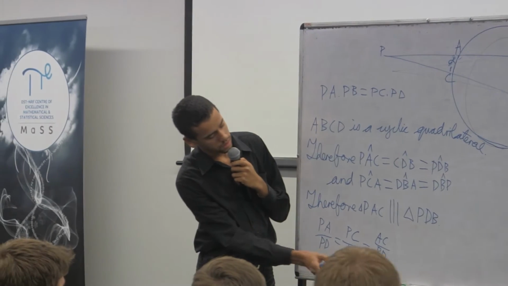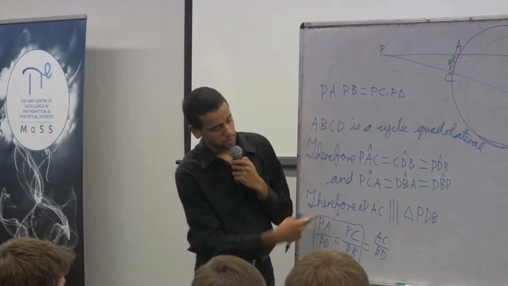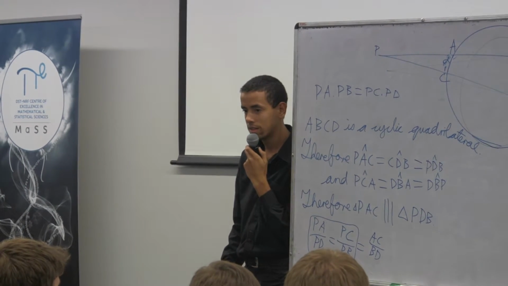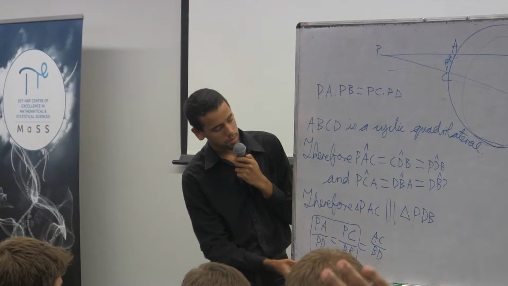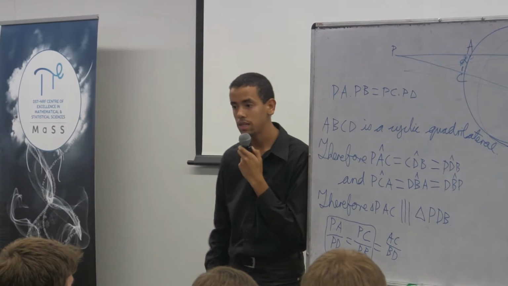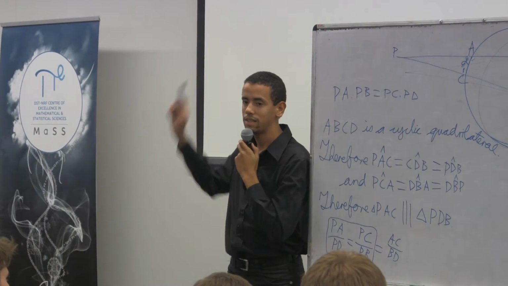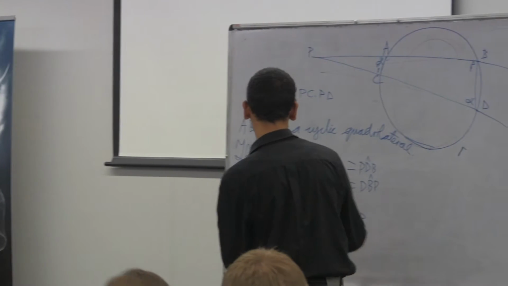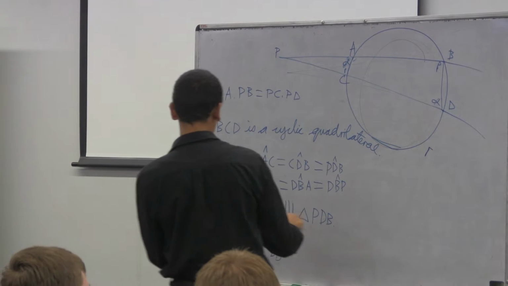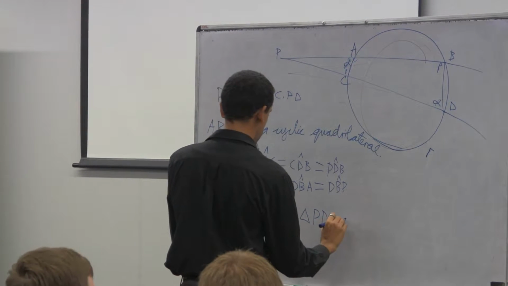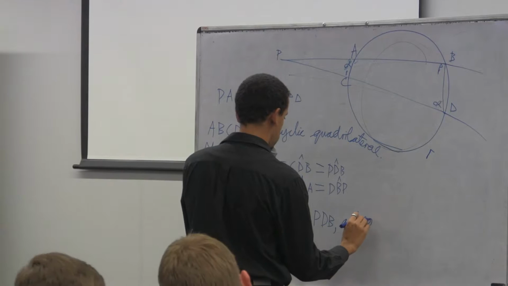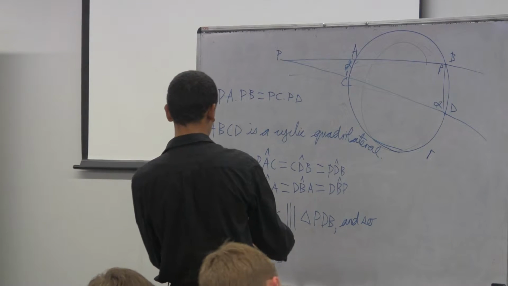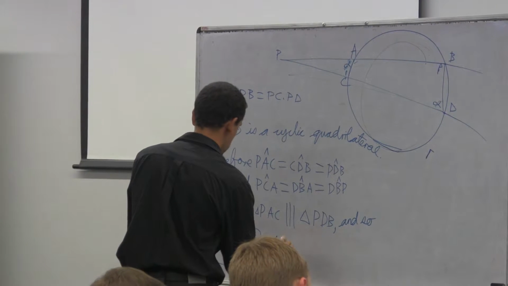So what we do is we take that one and we multiply across. Then we get PA times PB equals PC times PD. And yay. But what would the last line be? So therefore, that equals that, and so those ratios are equal.